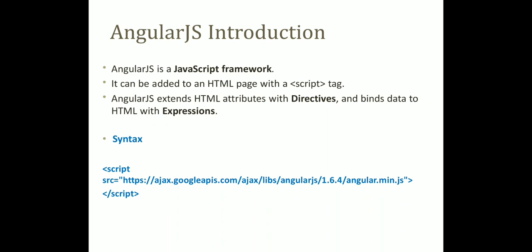Sometimes AngularJS is also pronounced as Angular, and the main aim of AngularJS is to convert static HTML into dynamic HTML. I will repeat, the main aim of AngularJS is to convert static HTML into dynamic HTML. It adds built-in attributes and components, and also enhances the ability to generate custom attributes with the help of simple JavaScript.